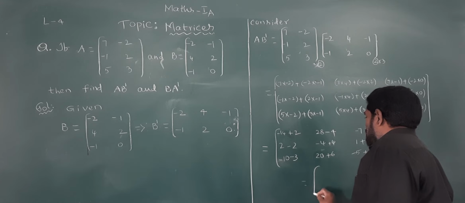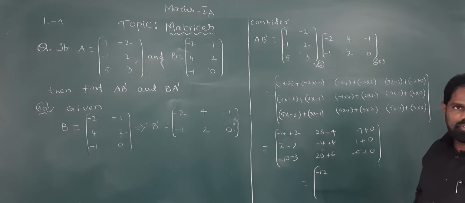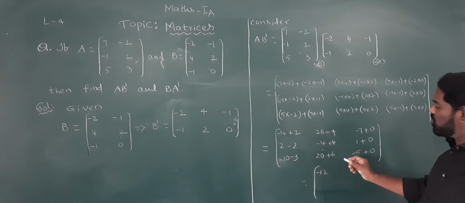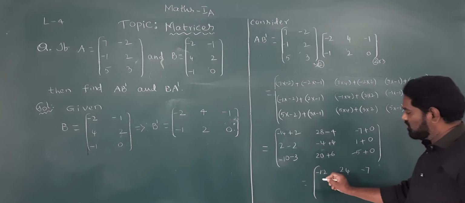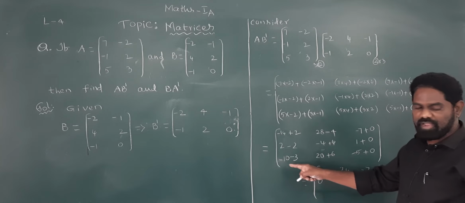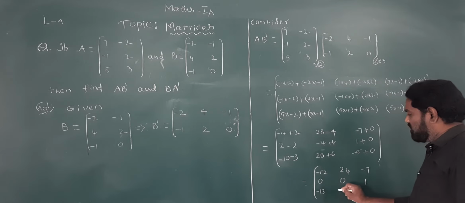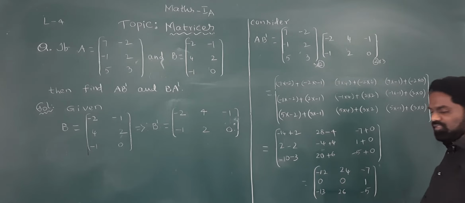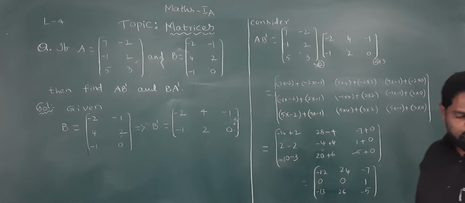This will come as -12, -12, 28 minus 4 is 24, -7, 0, 0, 1, -10 minus 3 is -13, plus 26, -5. This is the value of A into B transpose.